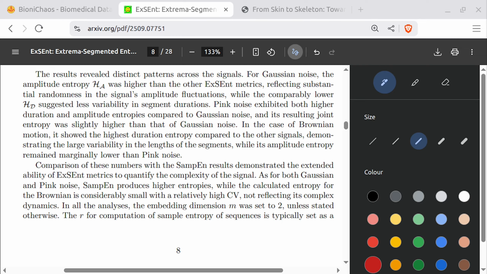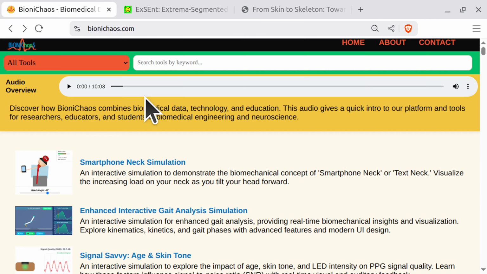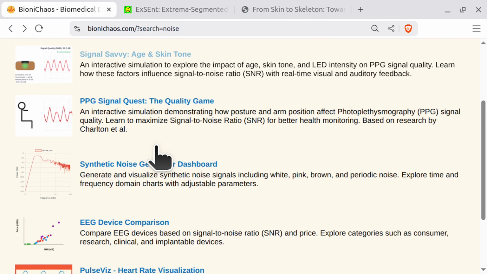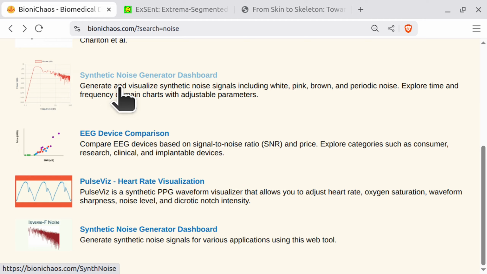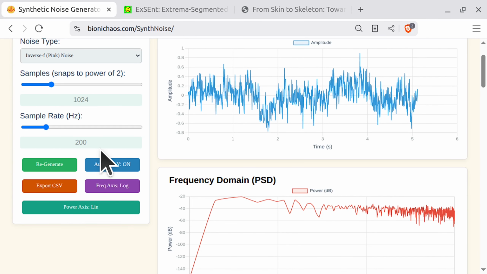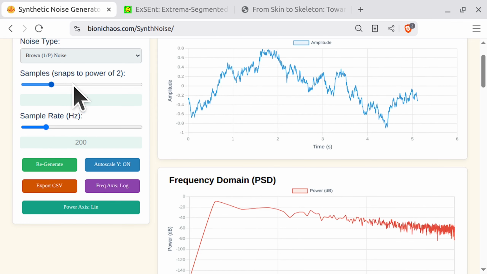Brownian motion showed the highest duration entropy, indicating significant variability in segment lengths, but its amplitude entropy was slightly lower than pink noise. Finally, the text mentions that the ExSEnt method is better at capturing signal complexity than SampEn, especially for Brownian motion. The embedding dimension m was set to 2, and r for sample entropy was set based on a standard deviation.